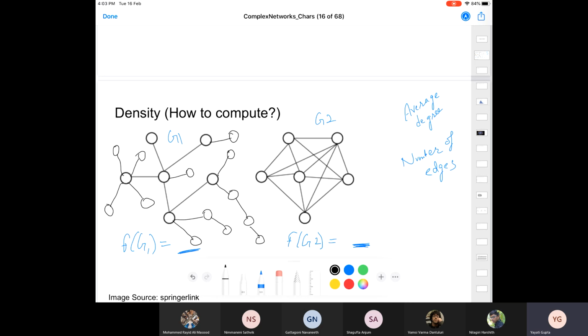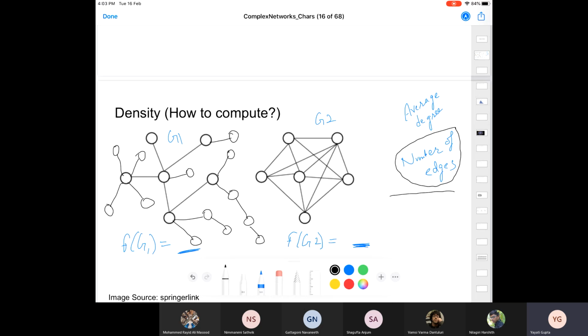What we are going to do is we just have to normalize this number of edges here with something. So I need to put something in denominator so that I can compute it over graphs having different number of nodes. So number of edges is the right way to go about it in case where the graphs you are comparing have the same number of vertices.